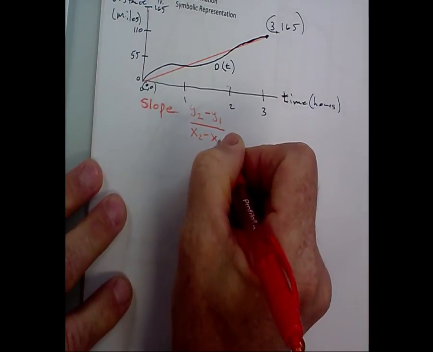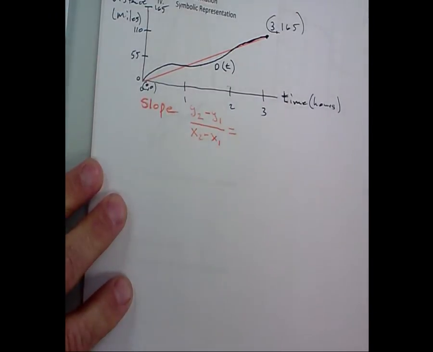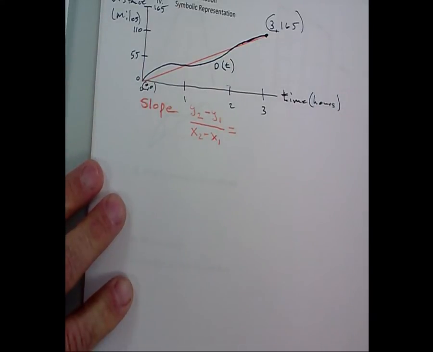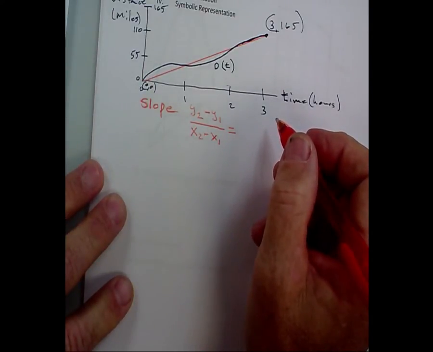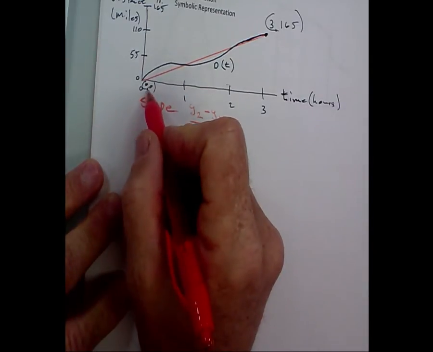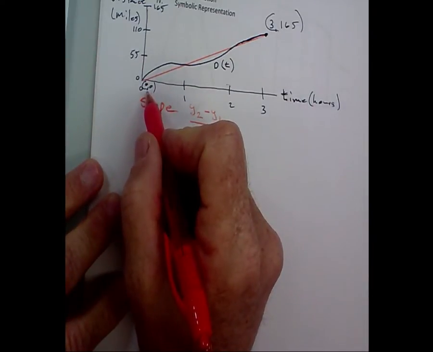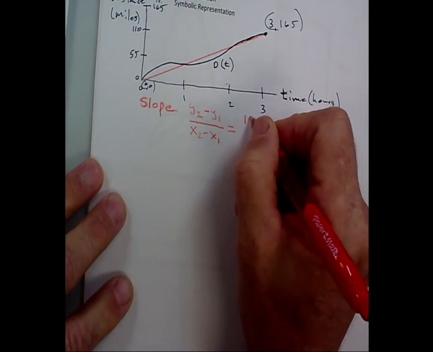Excellent. So in this particular example, the orange line, what would it be? 3 minus 1. Where do you get the 1? What's the other point? There's 3, right here, 0, 0. Oh yeah. 165 minus 0 and then 3 minus 0.